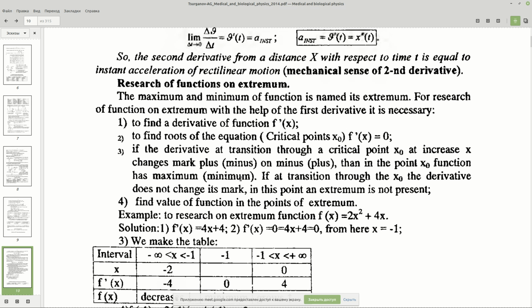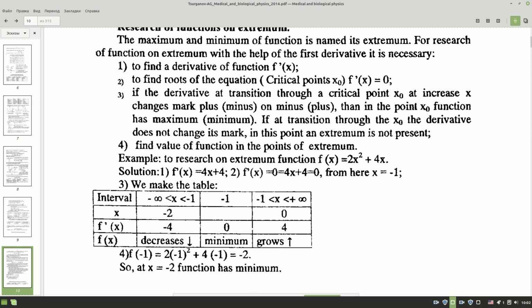Example: research on extremum the function f of x equals 2x squared plus 4x. Solution: f prime of x equals 4x plus 4.